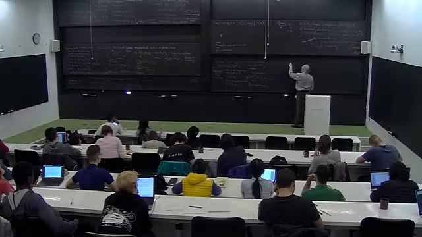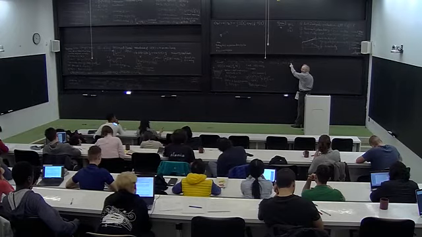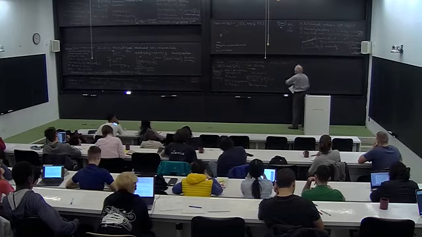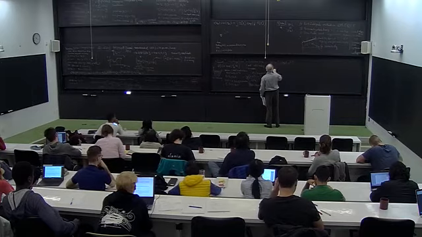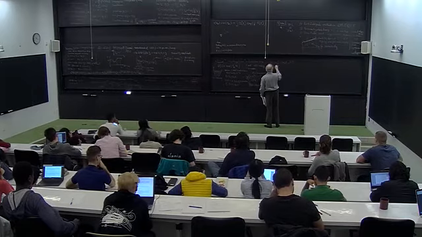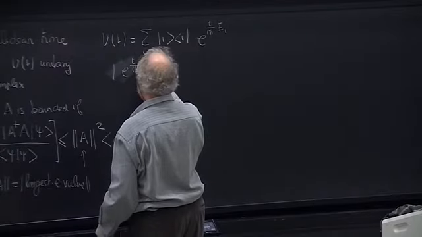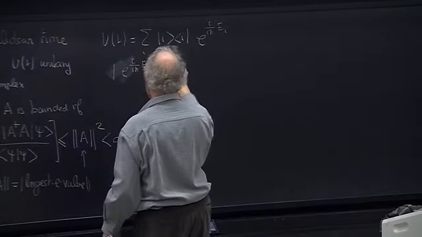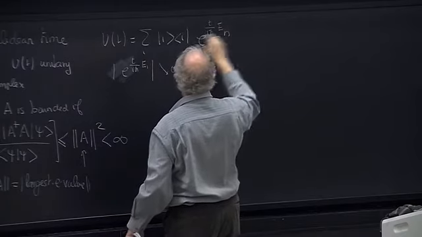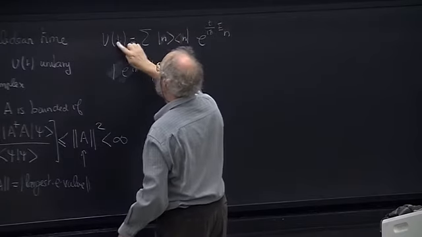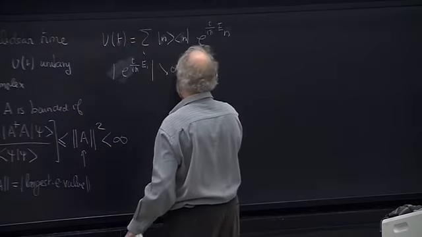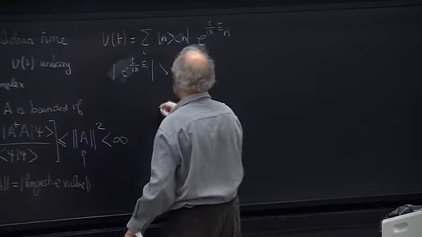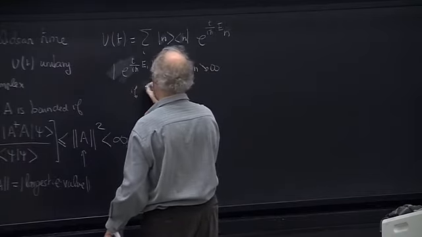So if t contains a negative imaginary part, this coefficient goes to 0. I'm sorry, it's the modulus of e to the t E_n over i h bar that goes to 0 as n goes to infinity if the imaginary part of t is negative.